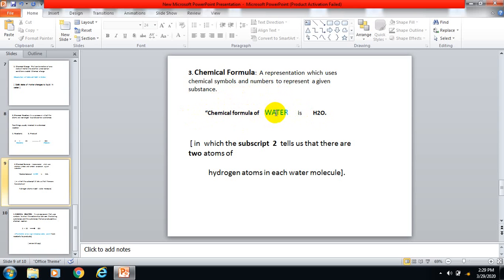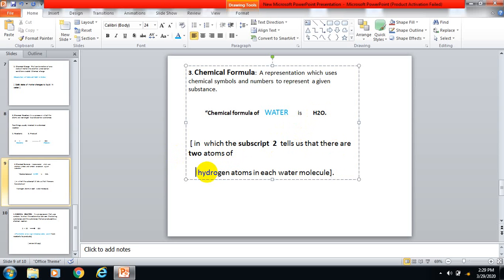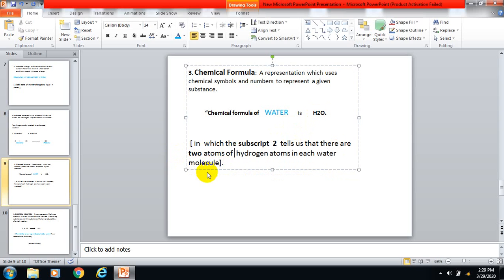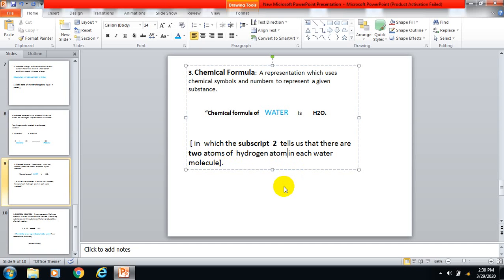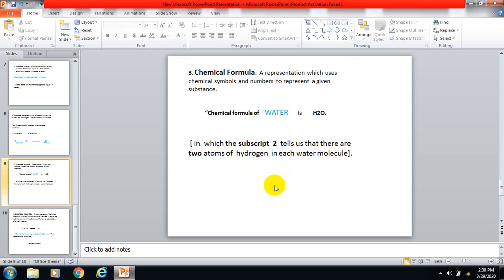Similarly, the chemical formula of table salt is NaCl. In H2O, the subscript 2 tells us that there are two atoms of hydrogen in each water molecule.